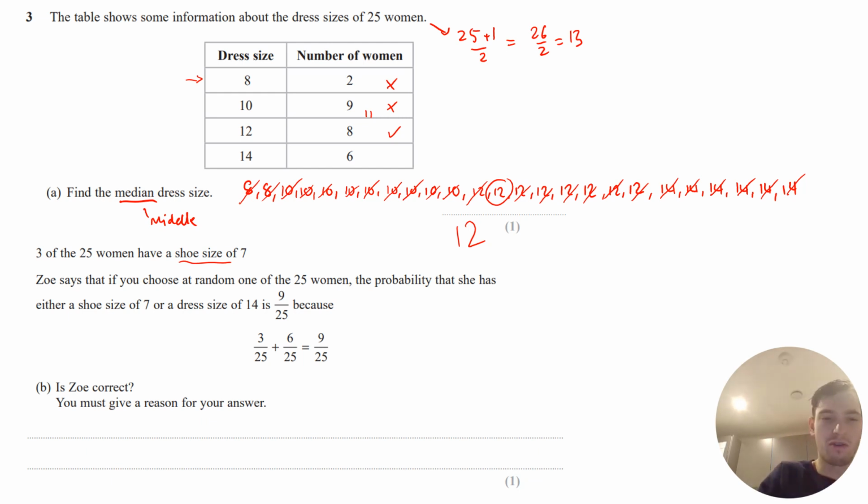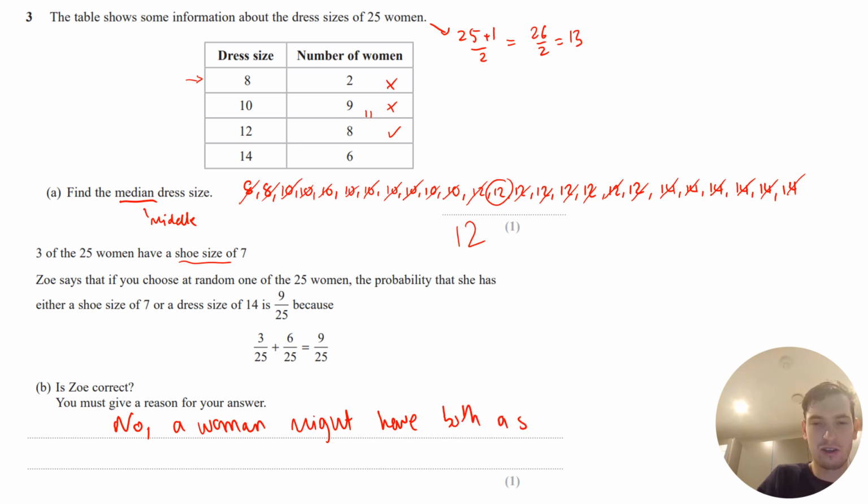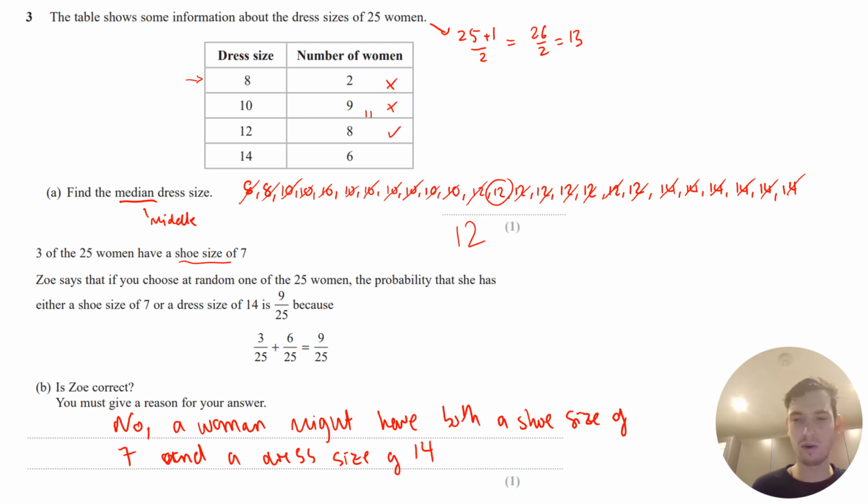So I'm going to say no. A woman might have both a shoe size of 7 and a dress size of 14. So quite a tricky 2-marker there early on, but let's move on.